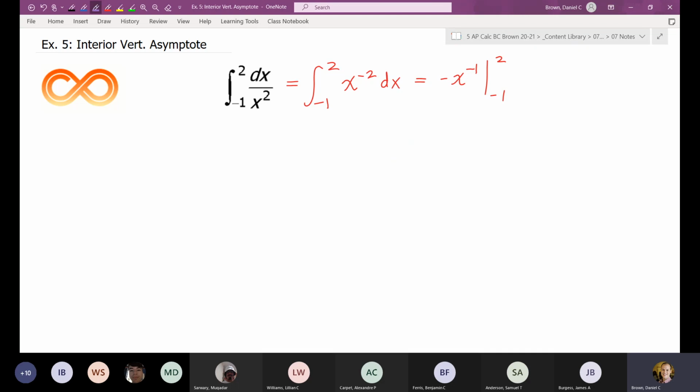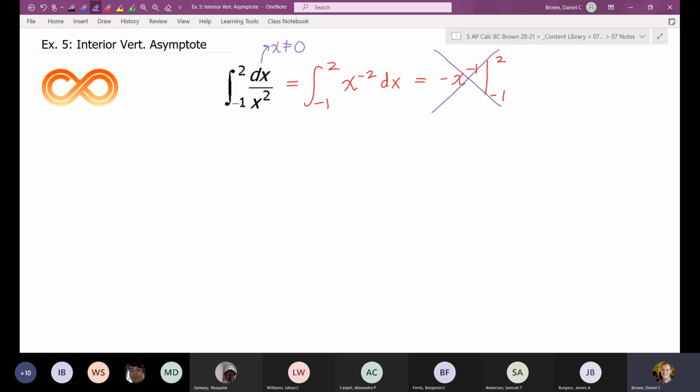If you do that for this problem, you would actually get the wrong answer because there's an issue with this integral. And the issue with this integral is that x cannot be equal to 0. So you're integrating over a vertical asymptote because we're integrating it from negative 1 to 2.